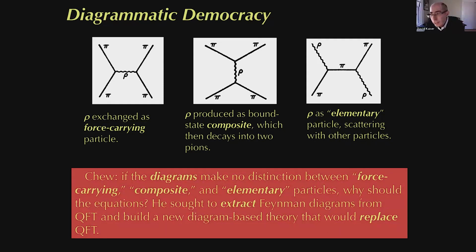And so Geoffrey Chew said, basically, let's take the diagrams at face value. If they make no distinction between these different kinds of roles or hierarchies, what's truly elementary versus composite, then why should our equations? So we wanted to build a new, quantitative approach to the nuclear forces, following these diagram-based symmetries rather than quantum field theory.